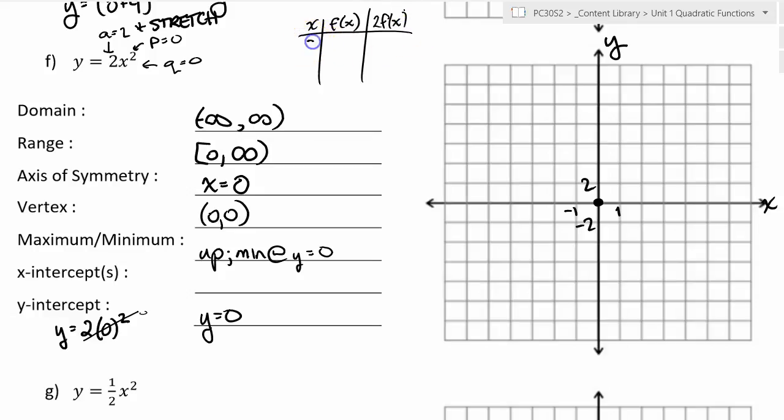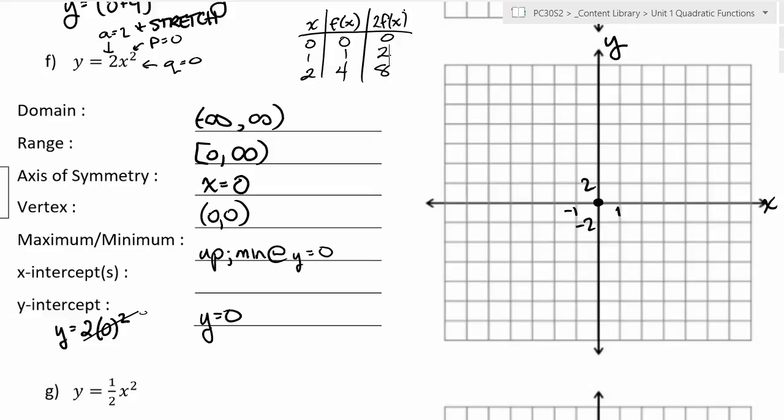So whereas 0 stays 0, because 2 times 0 is still 0, when I put in 1, before I would get out 1, now I'm going to get out 2. It's doubled. Before, when I put in 2, I would get out 4. Now I'm going to get out 8, because it's doubling. That's what that A has an impact on.